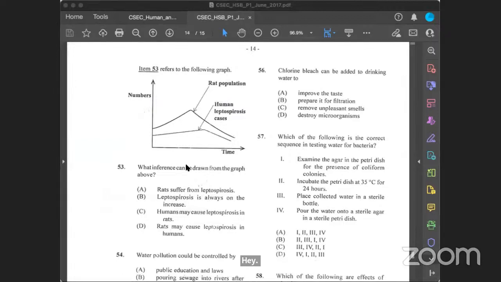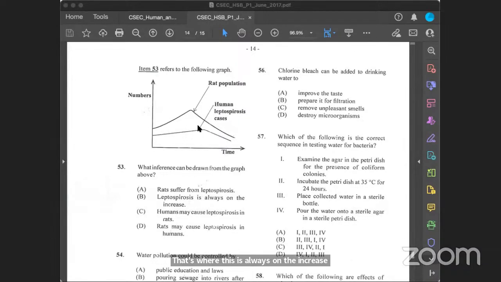What are they asking us here? What inference, what conclusion can be drawn from the graph above? The rats suffer from leptospirosis. So the rat population is here, and the human leptospirosis cases mimic that of the rat. So that's out. Leptospirosis is always on the increase?